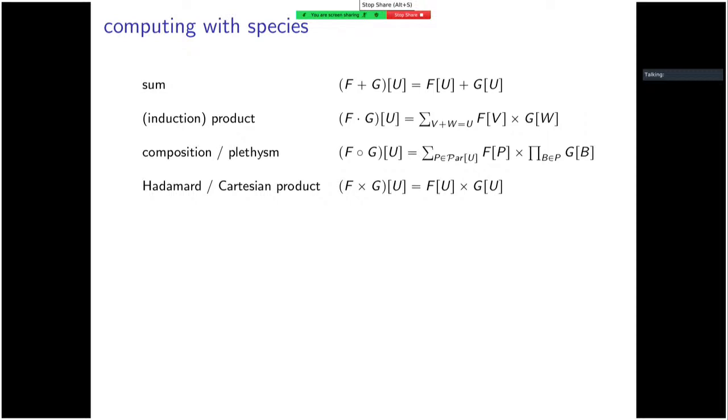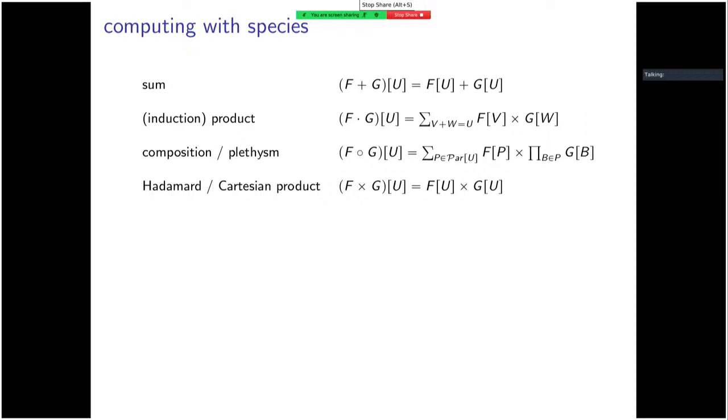And the product works as follows. We take our set of labels u, and we split it in all possible ways into two parts. So we choose two subsets. And then we put an F structure on the first subset and a G structure on the remaining subset.